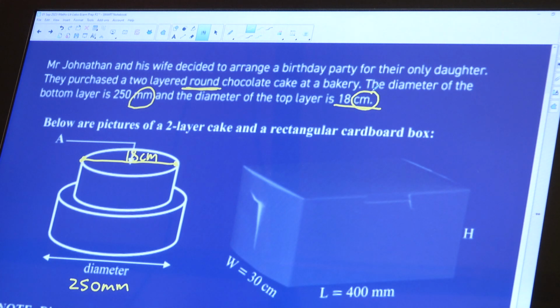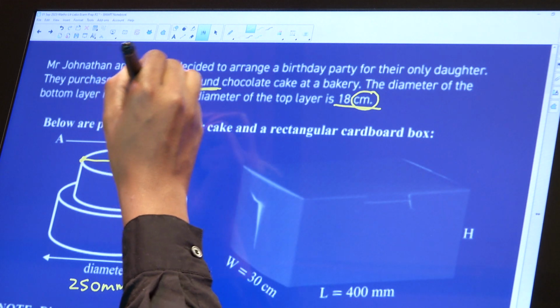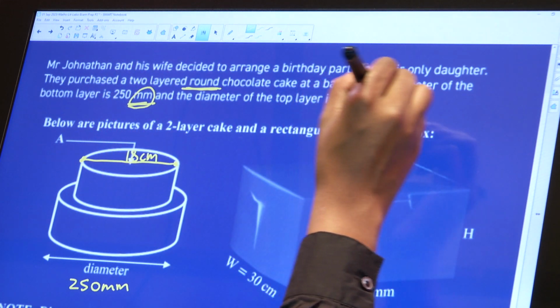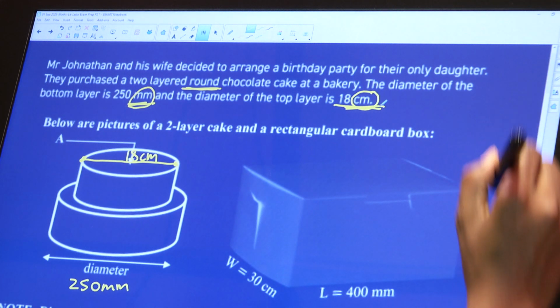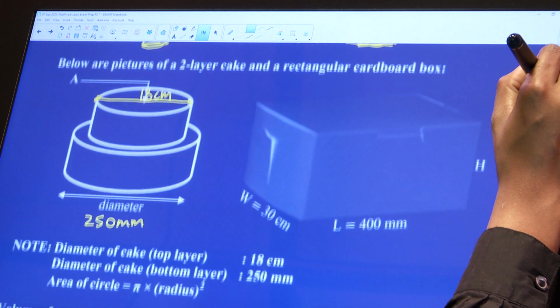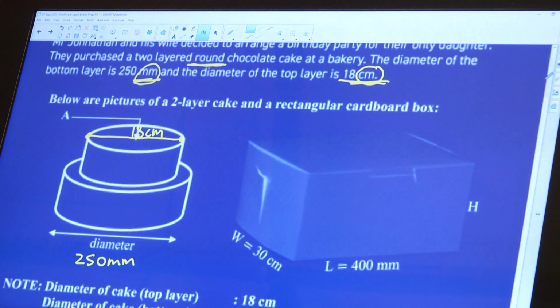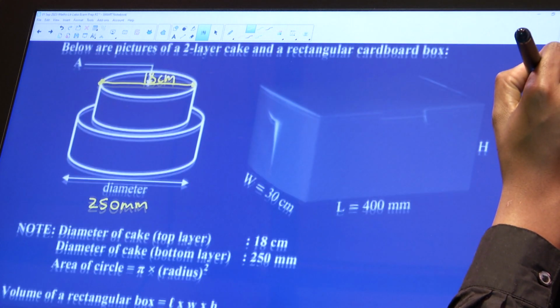You need to remember that I cannot use millimeters and centimeters in the same formula. I have to use the same unit of measurement, meaning I'm going to need to do conversion. Do you see why it's important for you to know how to convert? I find that learners in matric still struggle with conversions between millimeters and centimeters. Please don't make that mistake.